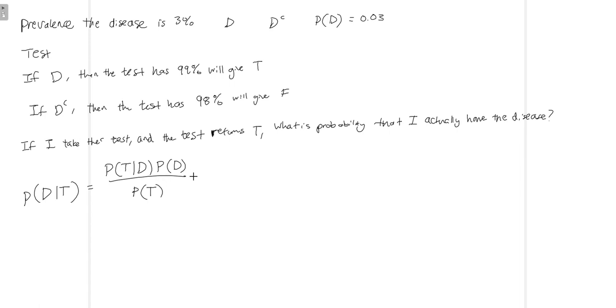This is Bayes' rule. I'll give a drawing afterwards, just to show that it makes a little more sense. Give a graphical representation, but this is the rule so far.